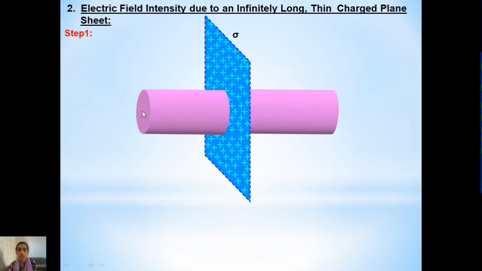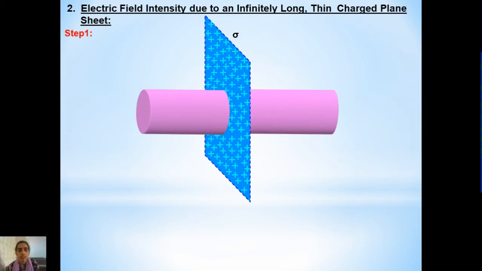A cylindrical shape will have two flat surfaces, one over here on the right side, one over here on the left side, and one curved surface. So two flat surfaces plus one curved surface. So therefore I have considered here a Gaussian surface which is of cylindrical shape.